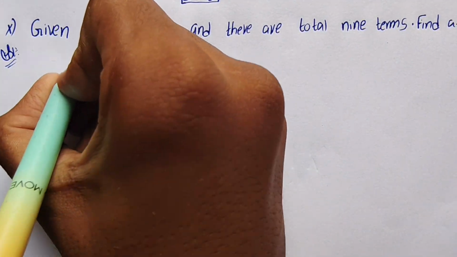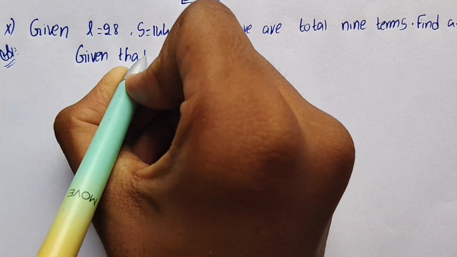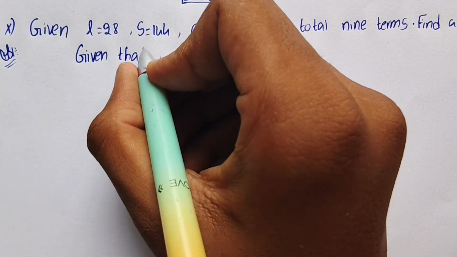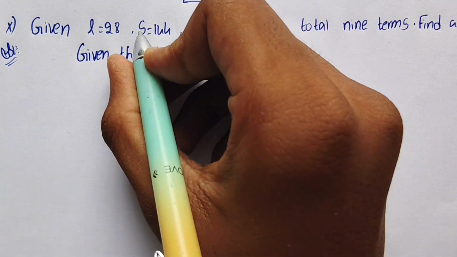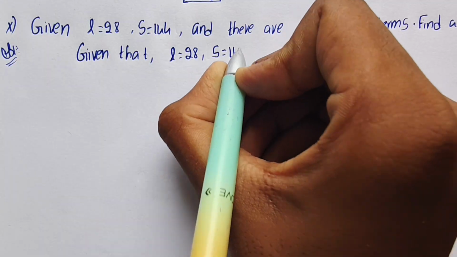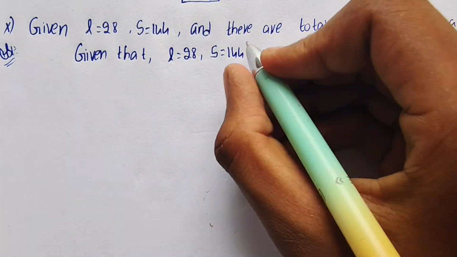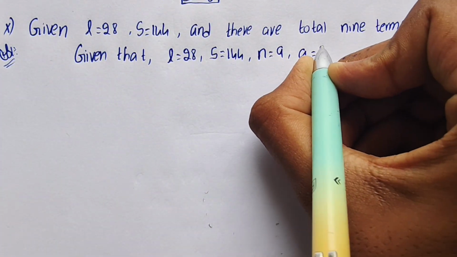In this question, L, or a base n, both are the same. So L equals 28, and S, the sum of 9 terms, is 144, and there are total 9 terms, so the value of n equals 9. We are asked to find the value of a.